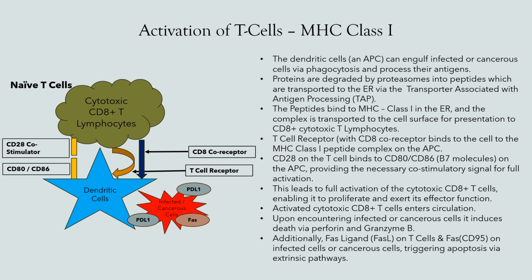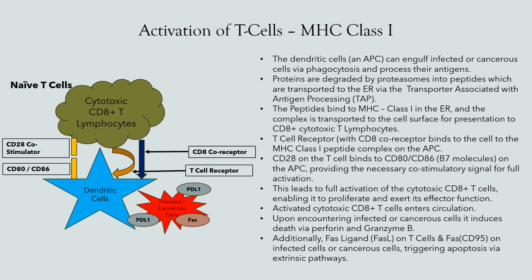The peptides bind to major histocompatibility complex class 1 in the endoplasmic reticulum, and then this MHC class 1 complex with the antigen is transported to the cell surface for presentation to the CD8 plus cytotoxic T lymphocytes.